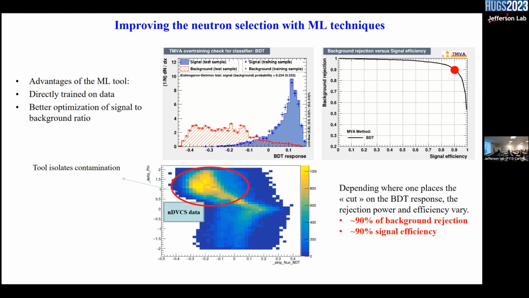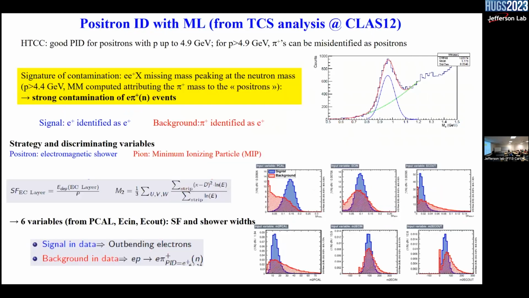On the other hand, if you want to reduce the background, you go this way and you are going to reduce your signal efficiency. So you have to find a compromise based on the statistics you have, and how much background you can live with, because at the end you will still have to find a way to subtract whatever background is left. So the decision of where to place the cut is a delicate one.